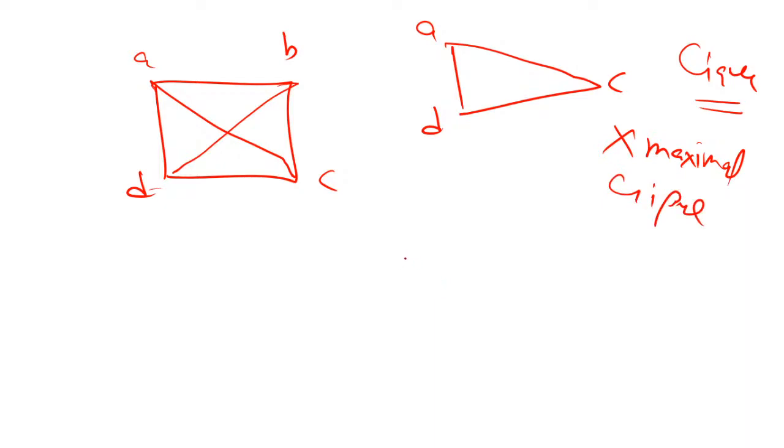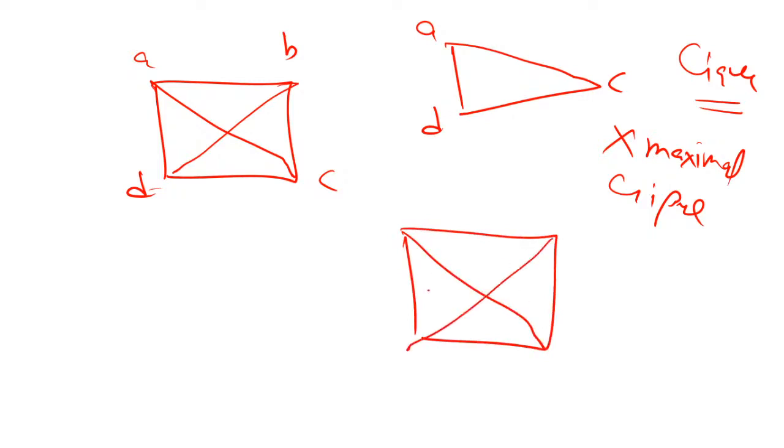Because we have another clique which contains this clique. So you can see this clique is contained within this clique. That's why this is not a maximal clique, and this is a maximal clique. So this is how you can find clique or maximal clique.